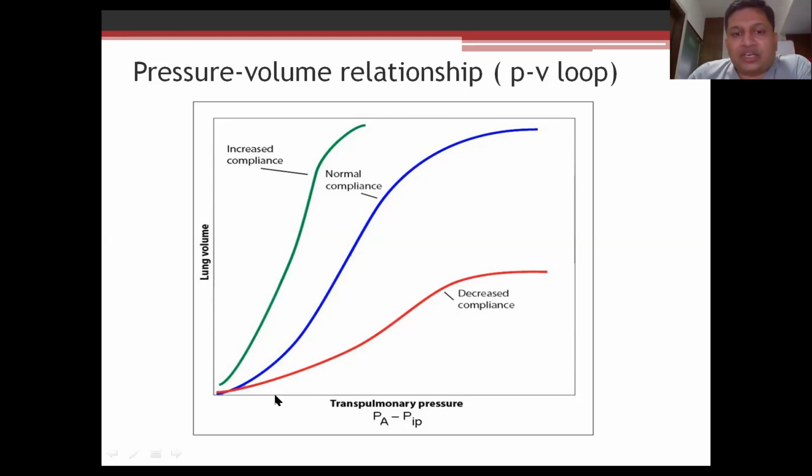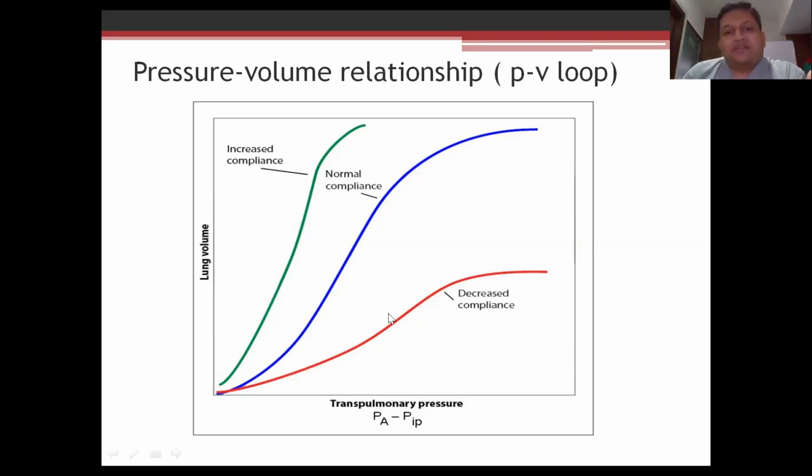From a pressure change from here to here, the volume will increase steeply in the normal case. From this much pressure difference, the volume is increasing very high. But in the case of decreased compliance, with this much pressure difference, the volume does not increase as much. So the lung stretchability is decreased. Similarly, with minimal pressure change, if the volume is increased so much, there is increased compliance.